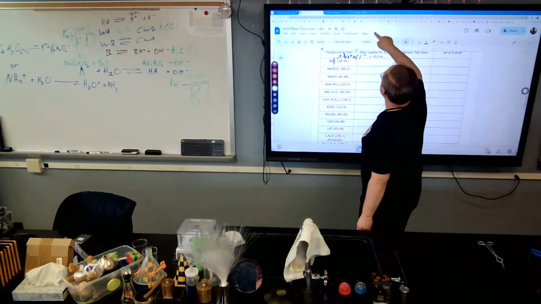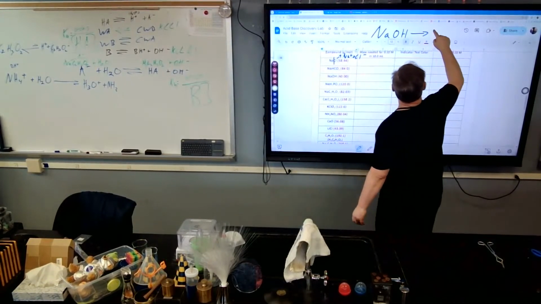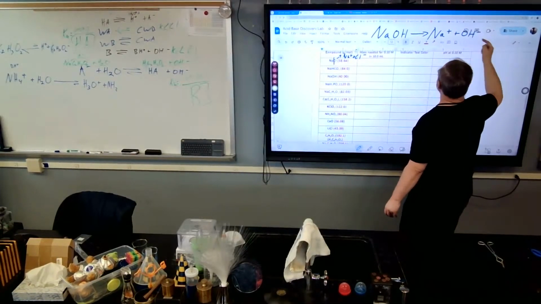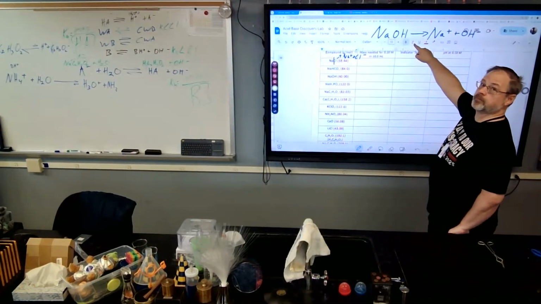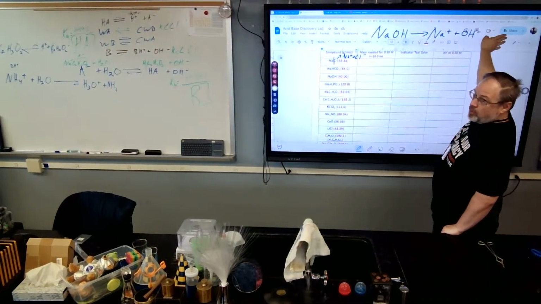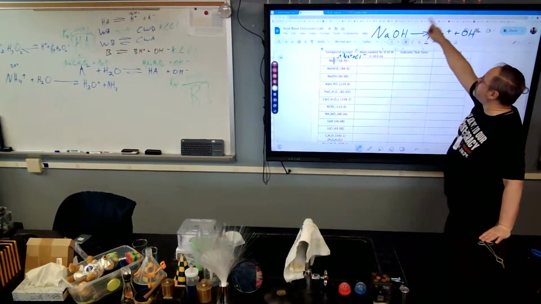So if you remember, NaOH is a strong base which forms Na plus OH minus. That's a one-way road. That is not equilibrium. That goes one direction and can't go back. You cannot take sodium, add it to hydroxide, and make sodium hydroxide.